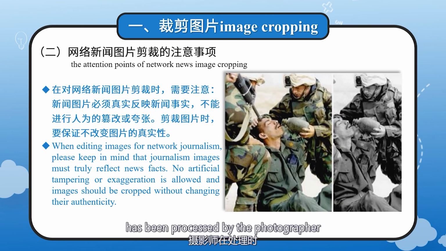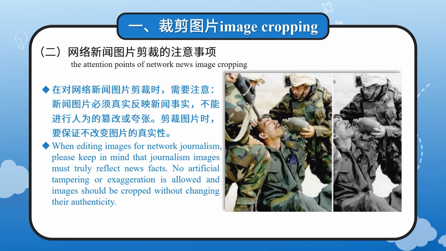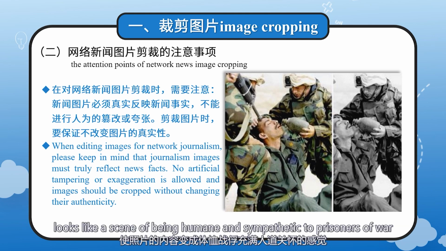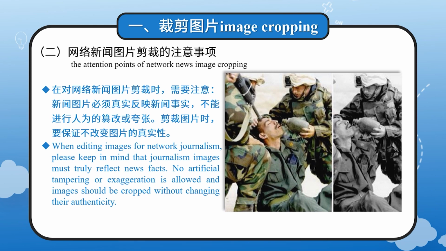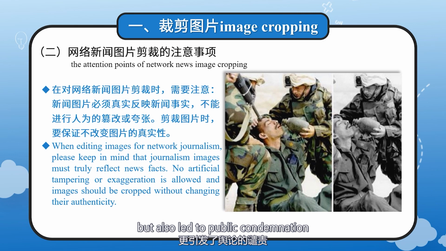This photo has been processed by the photographer by cutting off the rifle on the left, pointed at the prisoner's head. It misleadingly looks like a theme of being humane and sympathetic to prisoners of war. Presenting only parts of a truth has not only compromised the credibility of the media, but also led to public condemnation.